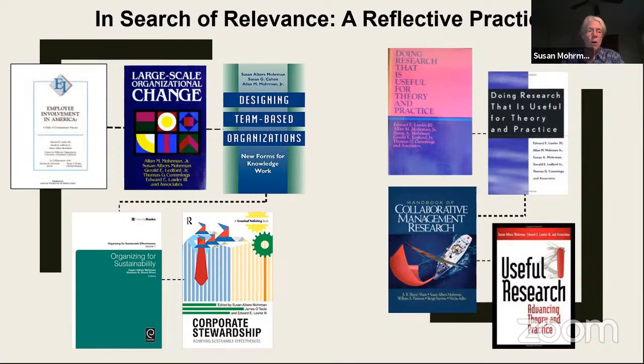foundation for a research center that Ed Lawler left Michigan, came to USC, and set up called the Center for Effective Organizations, whose explicit mission is to combine the rigor of theory and systematic research with relevance to organizations.